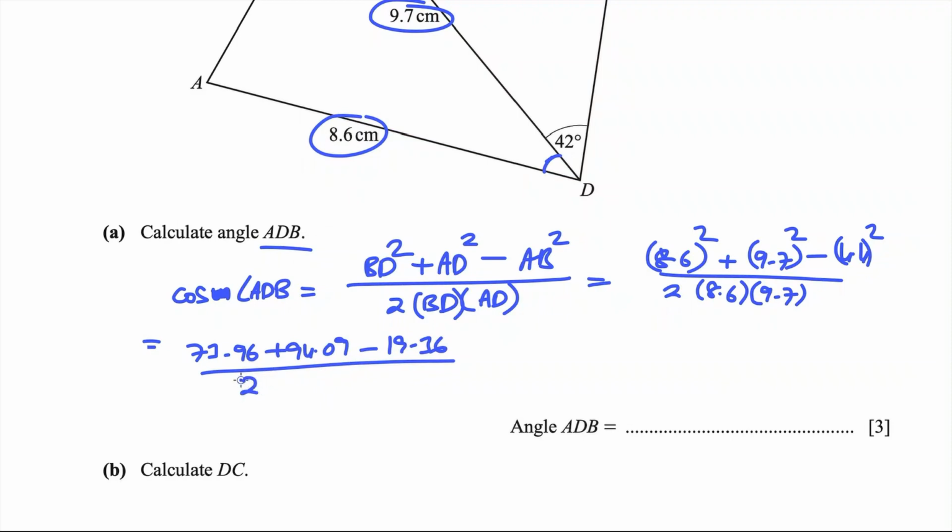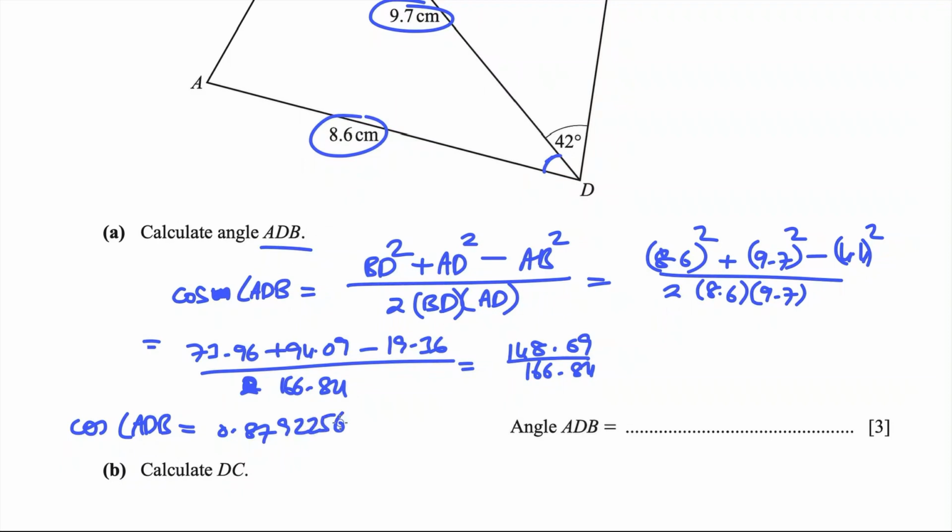So this is equal to 166.84, and if I calculate the value, this will be turning out to be 148.69 divided by 166.84, and so cos angle ADB would be equal to 0.8792256.